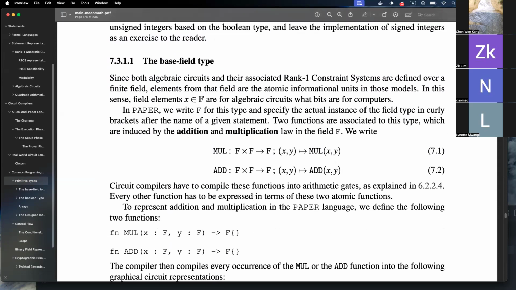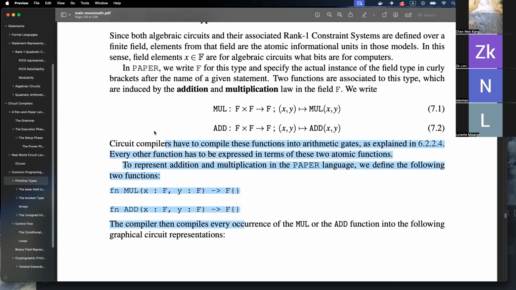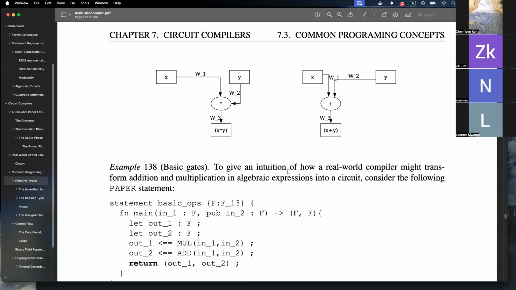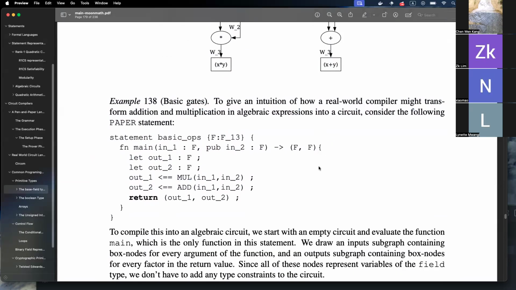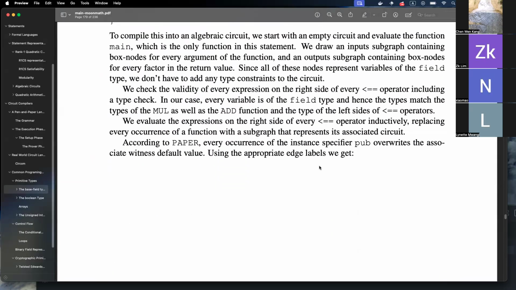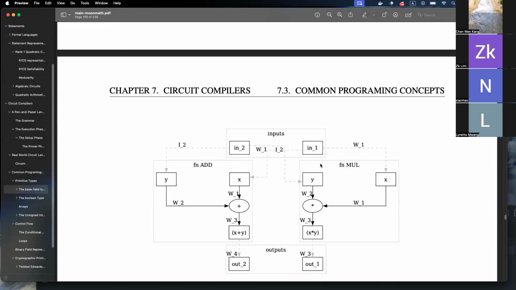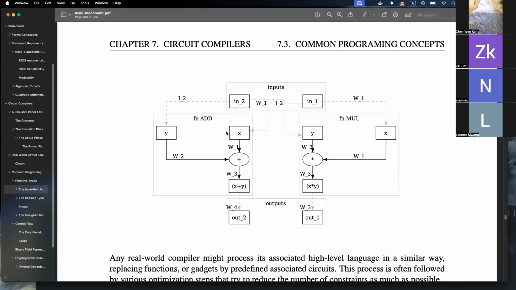The base field needs to have addition and multiplication, and this needs to work. This is how it's implemented, it converts into something like this.